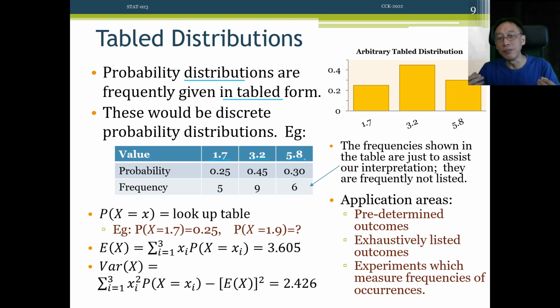Now I purposely give these numbers to challenge your mind, to make sure you don't settle with integer values like 1, 3, and 5, as if there has to be some sort of regularity to it, as if it has to be a very obedient integer. No, it doesn't have to be. It can be a label even. It can be a fixed real number like 1.7, 3.2. So all these are considered, of course, discrete points.